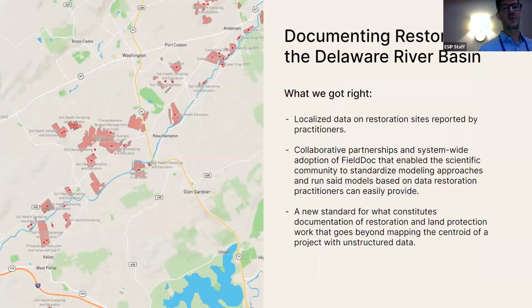I think what we got right with this that is really exciting is that we were able to move beyond just project centroids. Most of these agencies and organizations can tell you where they mailed the check, but the composition of the practices and the work happening on the ground was not there. Like I said earlier, we've documented essentially every practice associated with it.